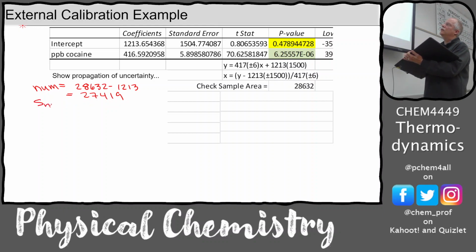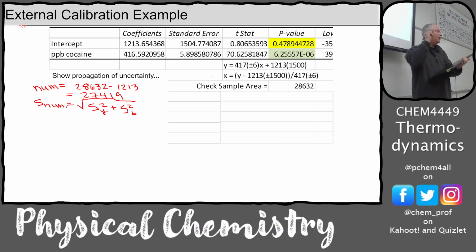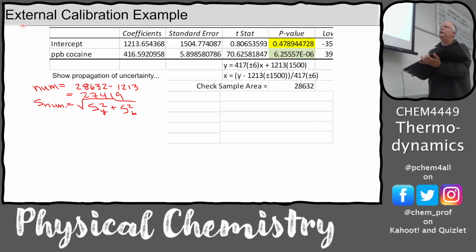So S numerator is going to be the square root of SY squared plus SB squared. All right, so SY, because we only have one aliquot of Y, is going to be 0. We don't know it. Okay, and so it doesn't add to our uncertainty at all. So this one is 0.